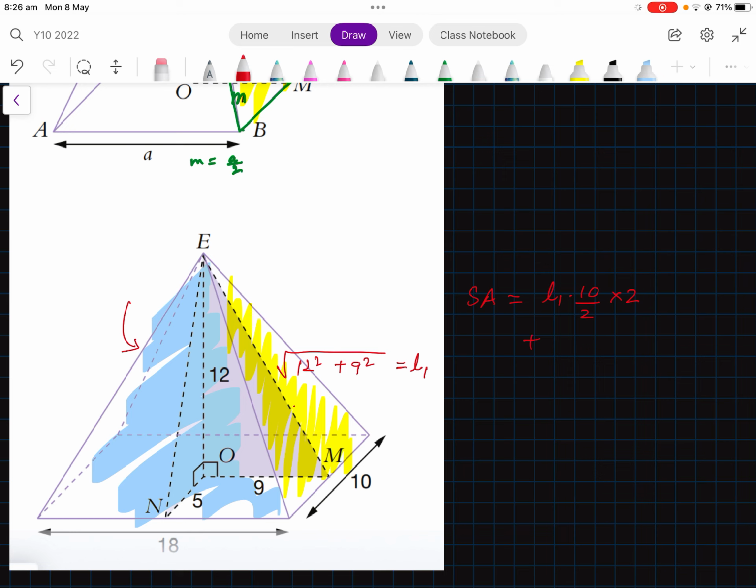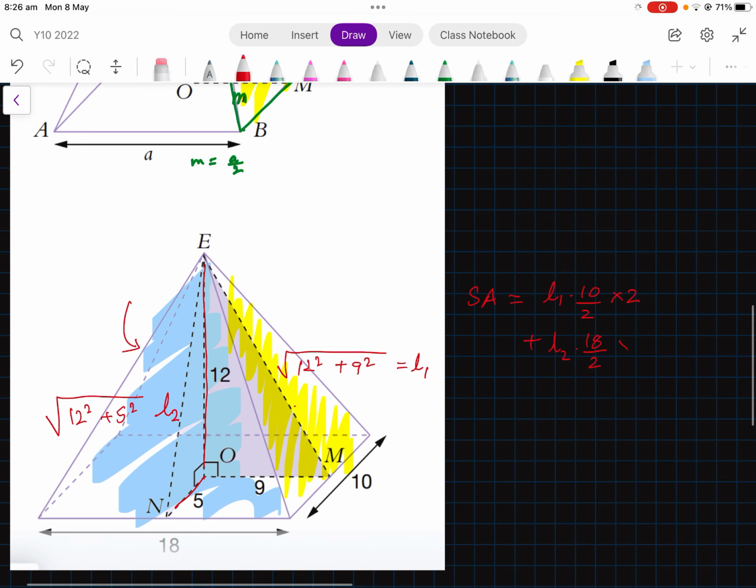This blue area, the L2 is basically the square root of, using Pythagoras theorem, 12 square plus this base 5 square, and this is the 12 that we were talking about. So that one with the base of 18, half base into height, times 2 such faces, one on that end.